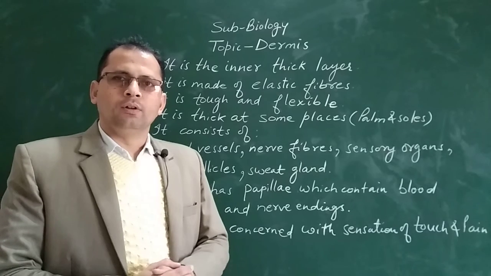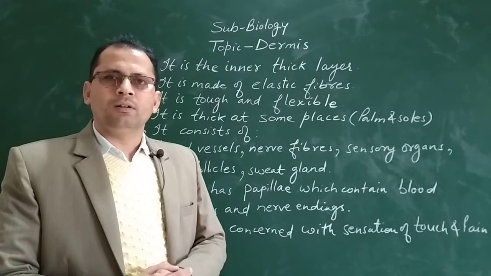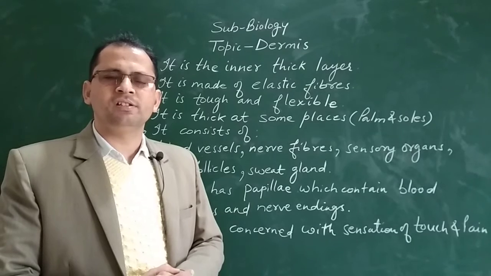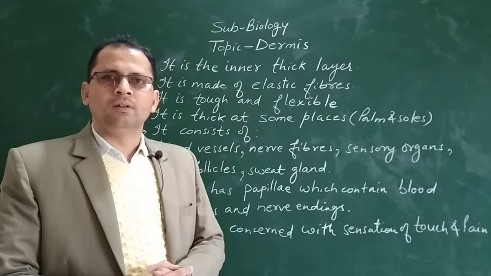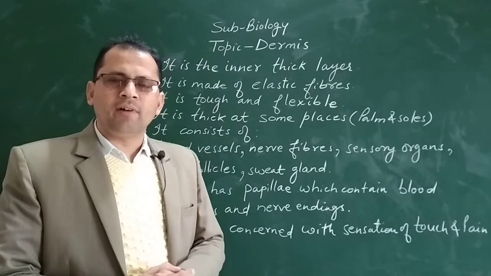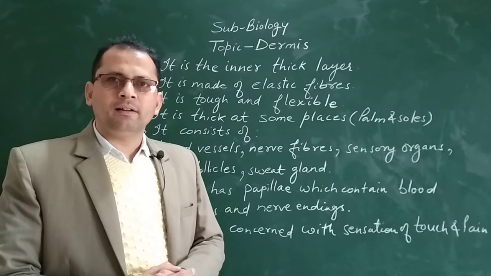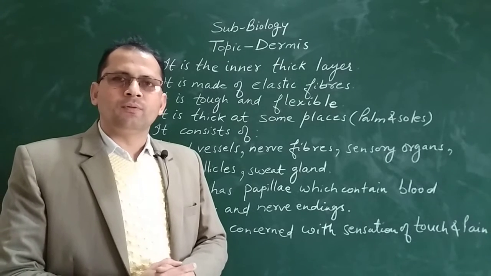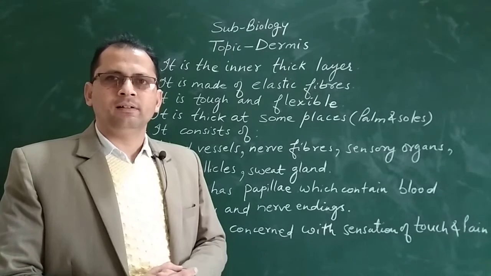You can recall that the epidermis contains three sub regions or sub layers, known as the cornified layer, granular layer and Malpighian layer. I have told you the functions of each and every layer.